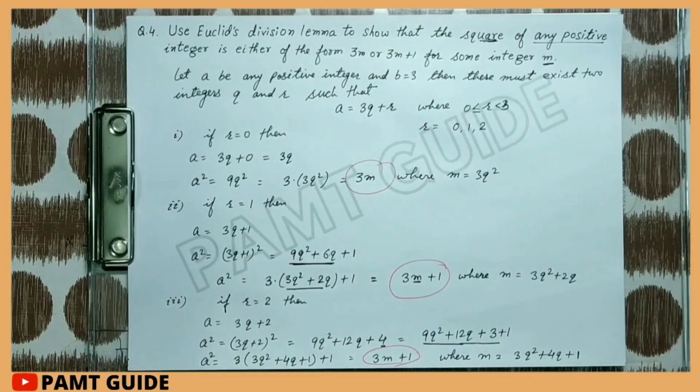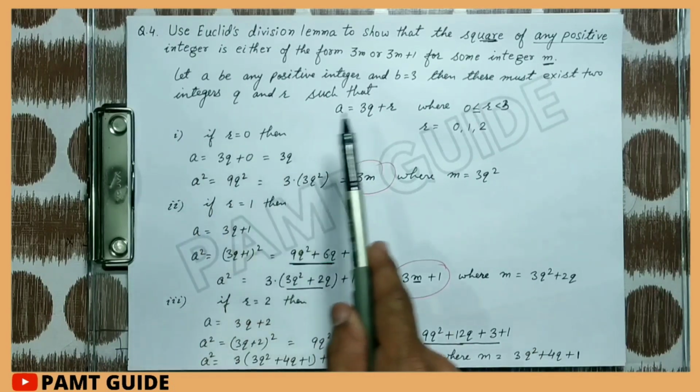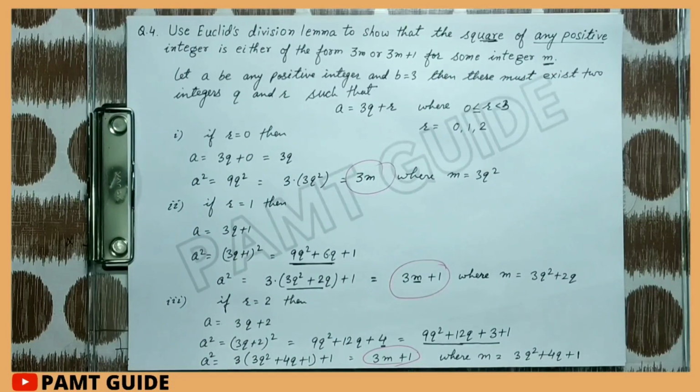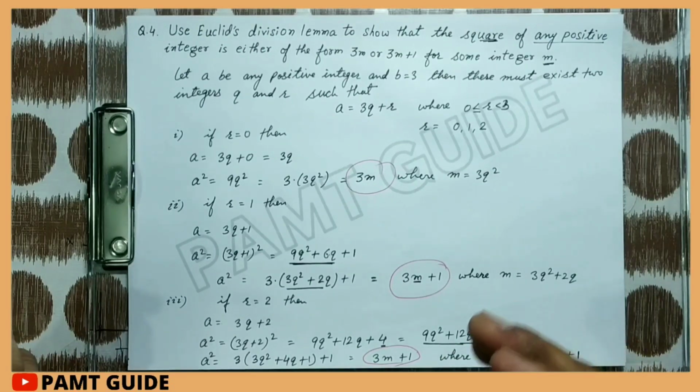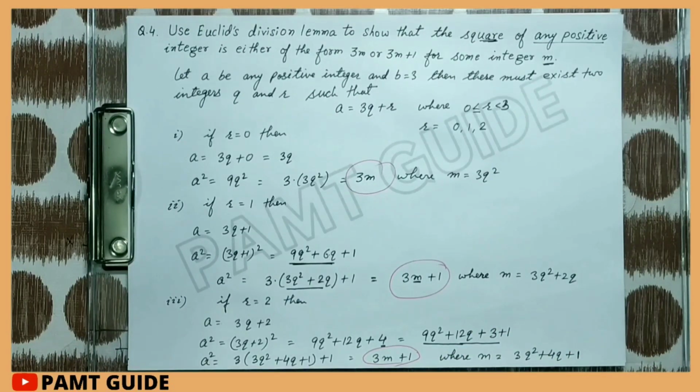And the next question is to use Euclid division lemma to show that the cube of any positive integer is of the form 9m, 9m plus 1 or 9m plus 8. So guys, you can solve it similarly to this. Assume that a is any positive integer and b equal to 3. Here we assume b equal to 3 because the square of 3 is 9, and 9 is a multiple of 9, so it can be divided by 9.